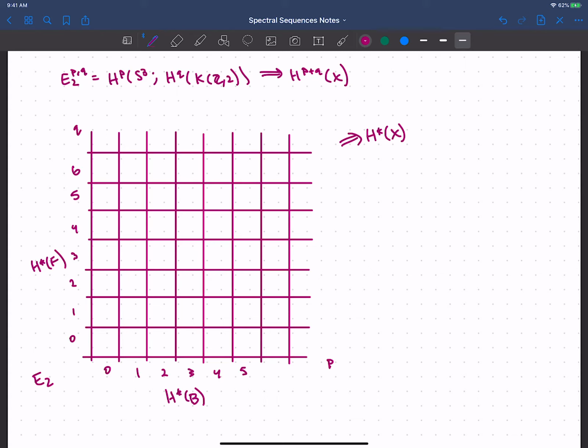So our cohomology of our base, of course, that's the cohomology of S^3, nice and simple. And the cohomology of our fiber, that's the cohomology of K(Z,2), which I suppose we knew a while ago, right? We computed this using the spectral sequence long ago, but ultimately we'll push this computation further and we'll look in higher dimensions. And so it will be good that we've computed the cohomology of these Eilenberg-MacLane spaces.